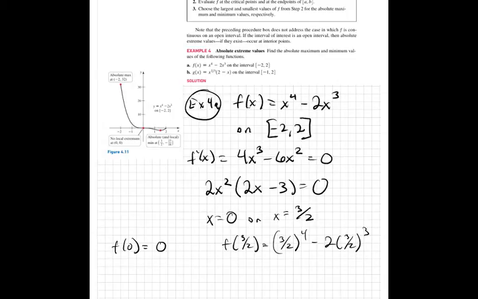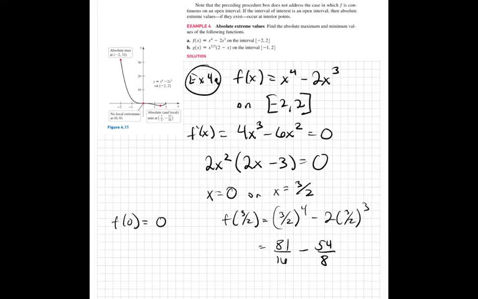That's 81 over 16 minus 27 times 2 over 8, which is 54 over 8.